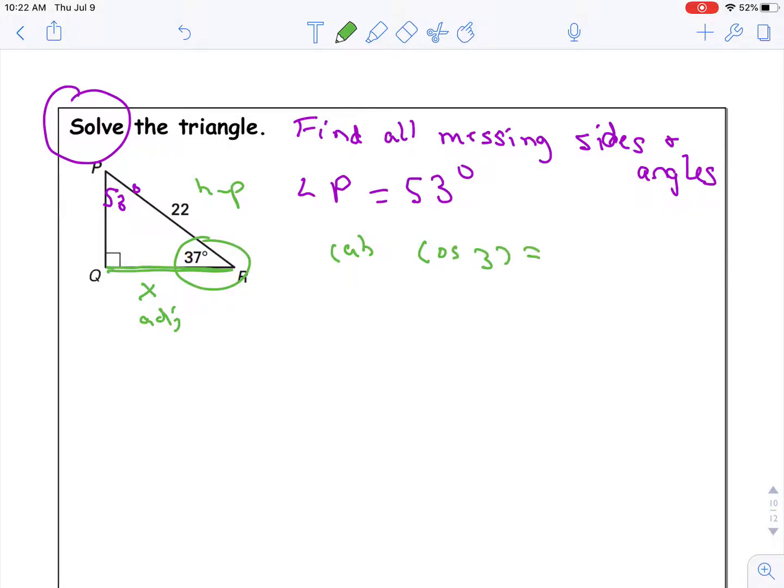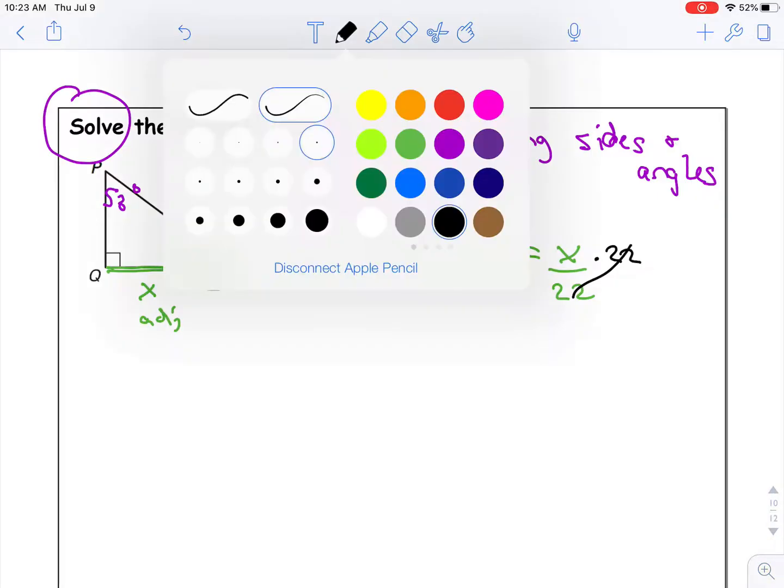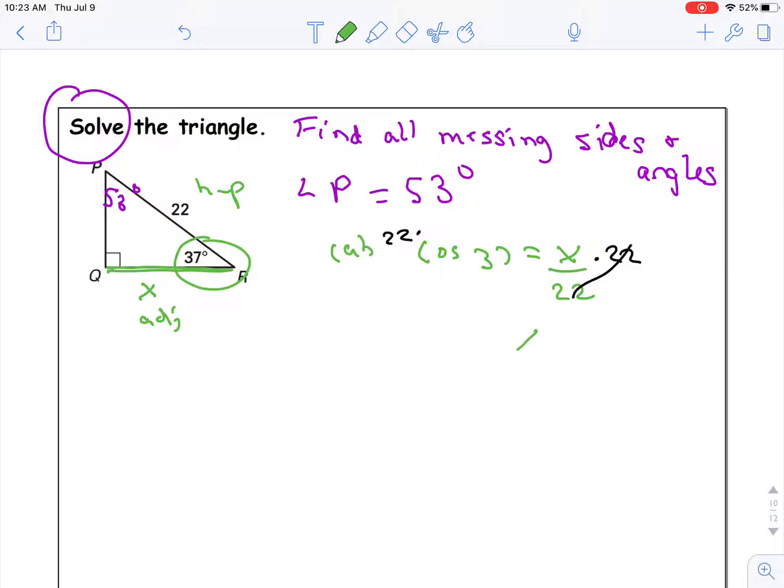So I'm going to take the cosine of that 37-degree angle and set it equal to X over 22.